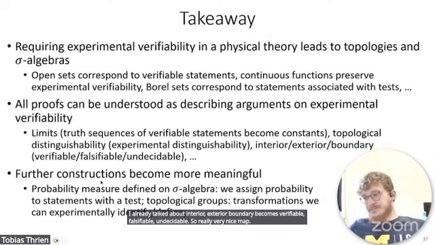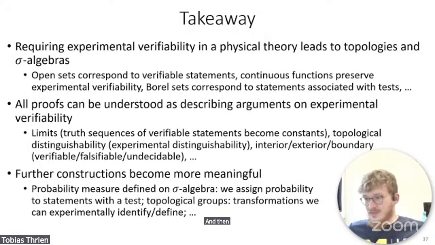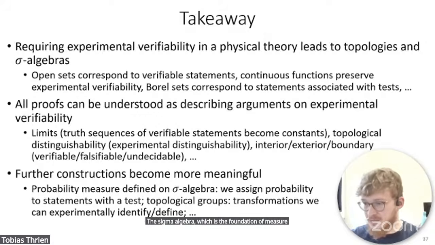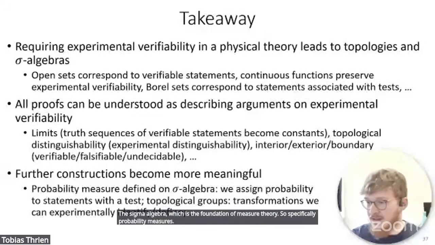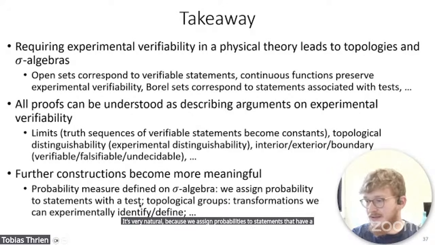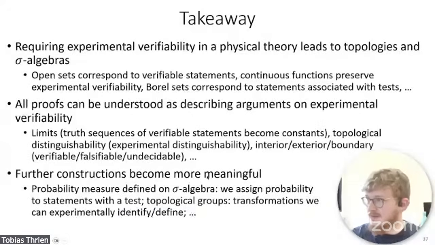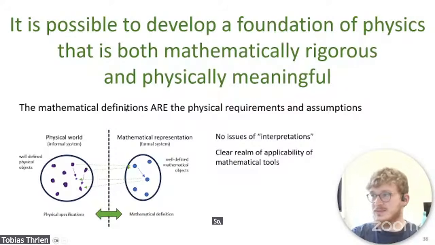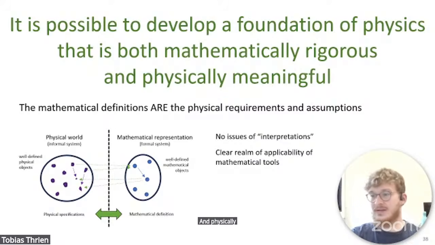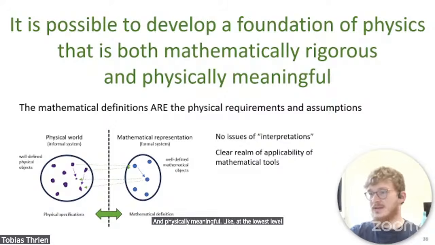And then the sigma algebra, which is the foundation of measure theory, specifically probability measures, is very natural because we assign probabilities to statements that have a test. This leads to many more things. It is really possible to develop a foundation of physics that's mathematically rigorous and physically meaningful at the lowest level you can imagine.